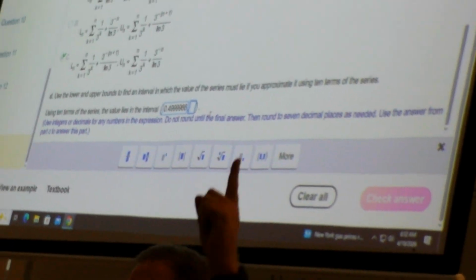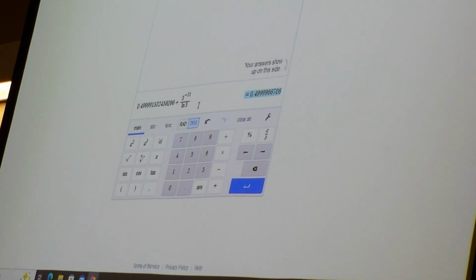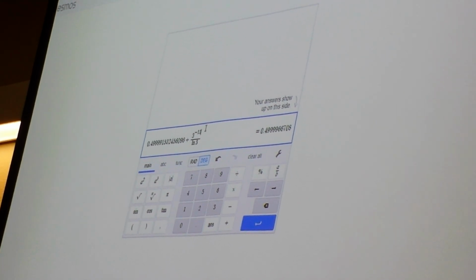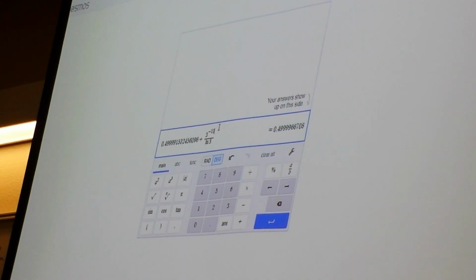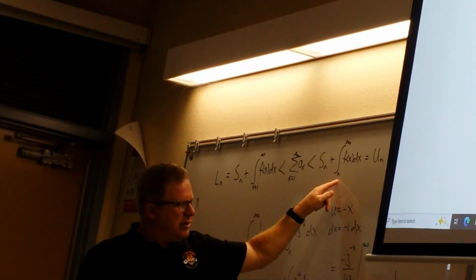Now the upper bound, we have to round up. To do the upper bound, switch that 11 to a 10, because we're putting in 10 for n. This was 10 plus 1 is 11, but now it's just 10.